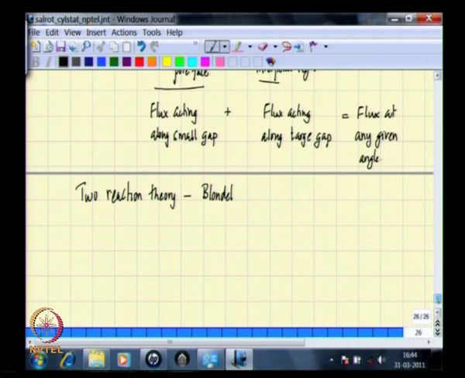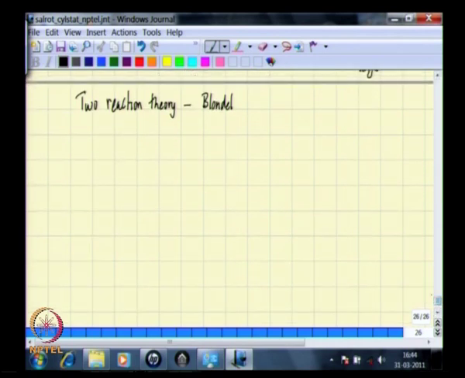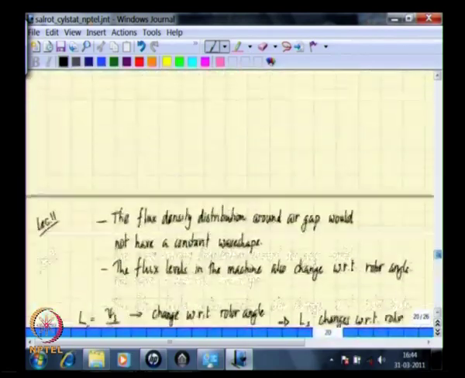So how do we then do this? Now let us take a previous figure that we have used.